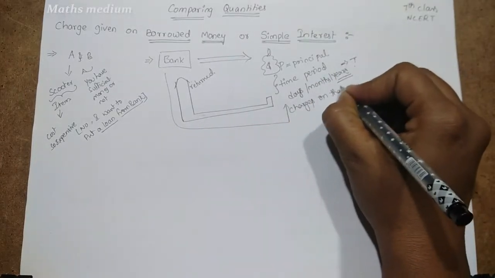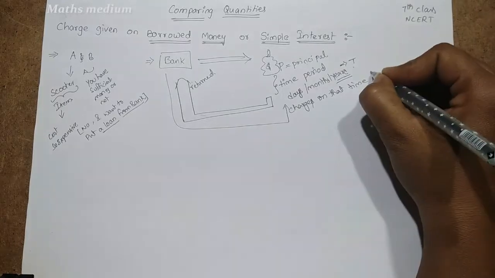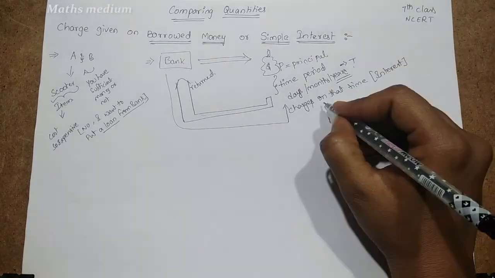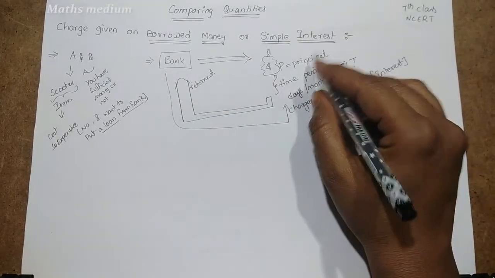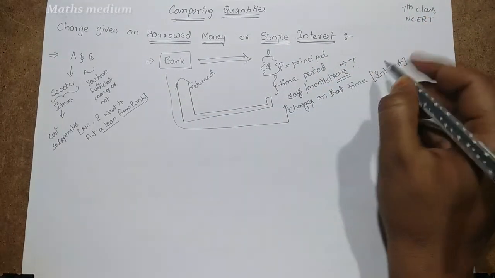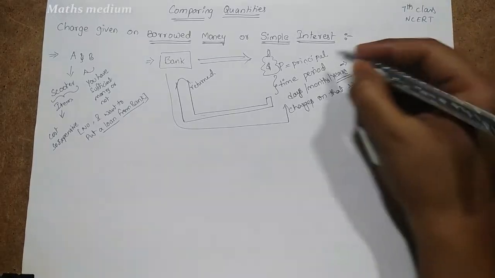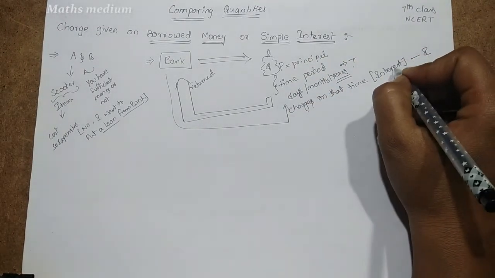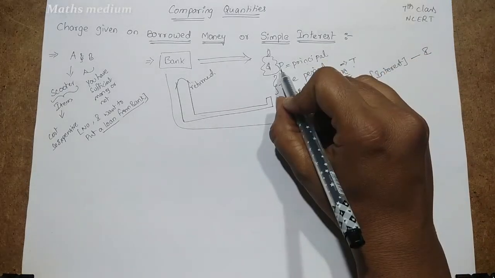The charge for that time is called interest, according to their rules, and it depends on the principal also. So here we have three: P is principal, T is time, and I is interest.